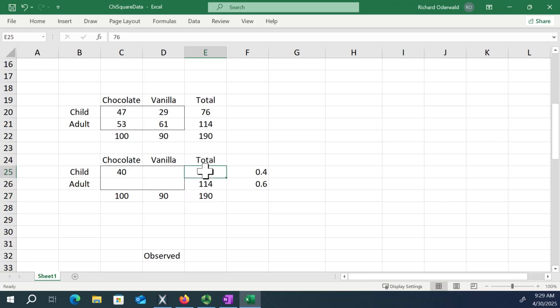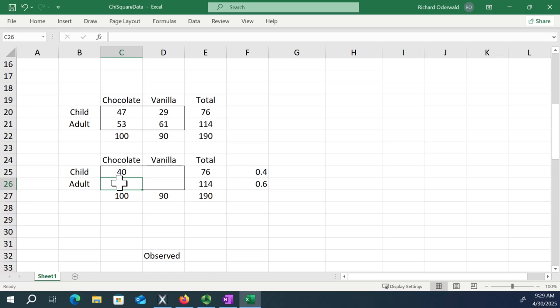And this is a probability distribution. How many are children? 40%. How many are adults? We have a probability distribution. And if we use that probability distribution on 100, we get 40 there.